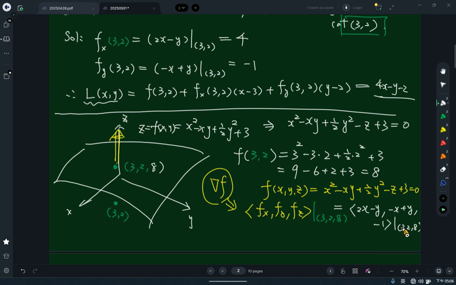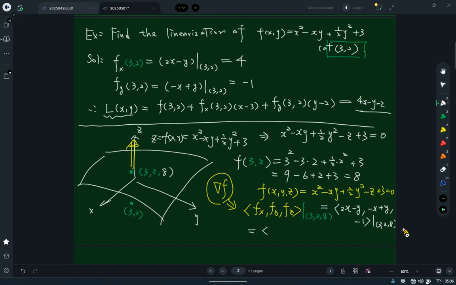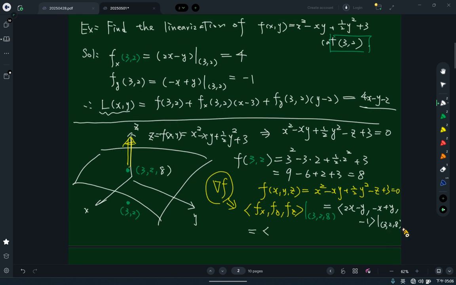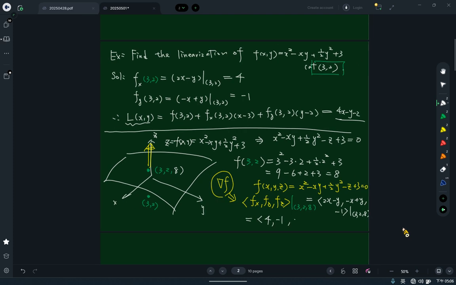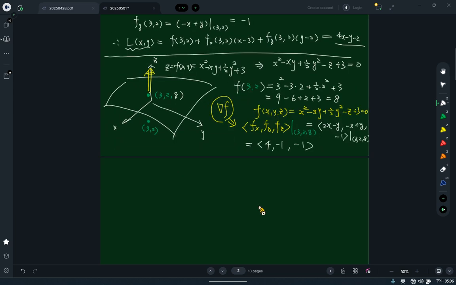So the result is 4, -1, then -1. So remember, in such a solution, we just get the gradient vector first, right? Then we just try to get its tangent plane.